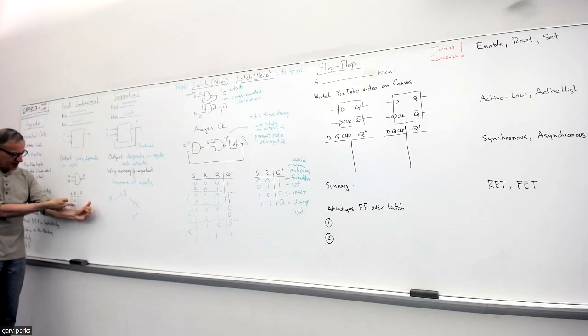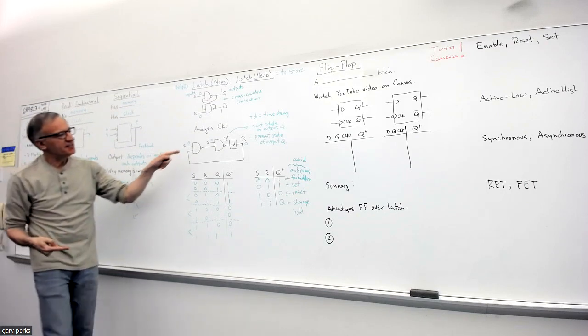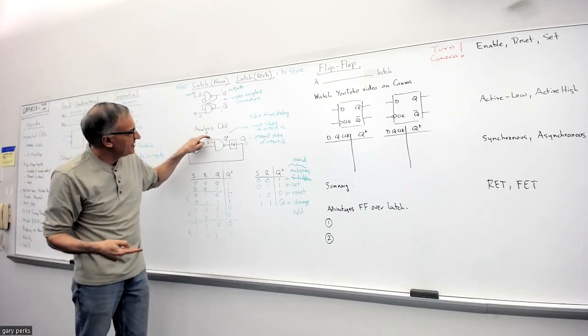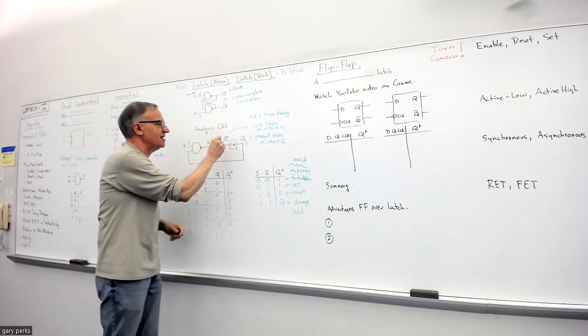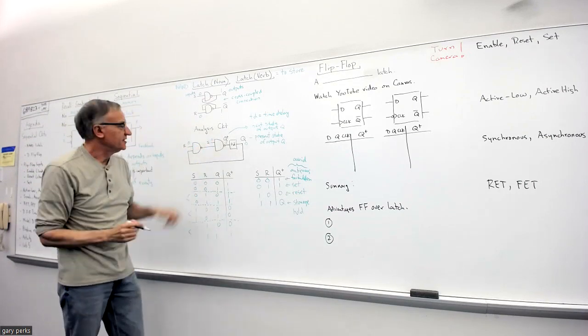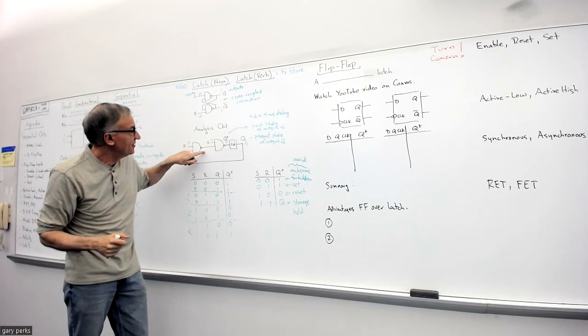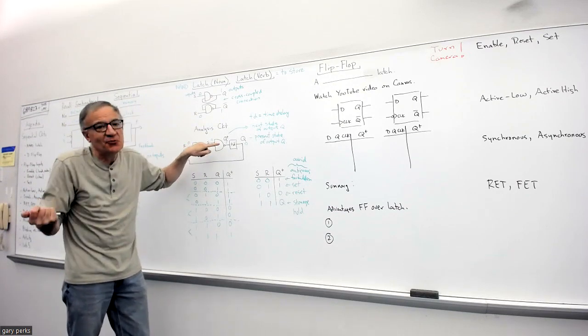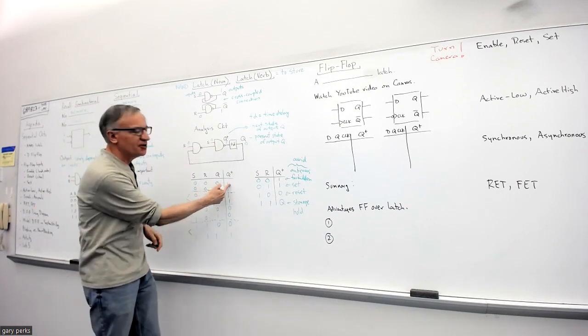The other input could be 0, 1. I'm still getting a 1 out. So when I analyze this, when I see that there's a 0 at the input of an AND, right away I can say the output's a 1. Because I don't have to know what that is, because if this is a 0, if this is a 1, I'm still going to get a 1 out. So you see, that's how I got a 1.